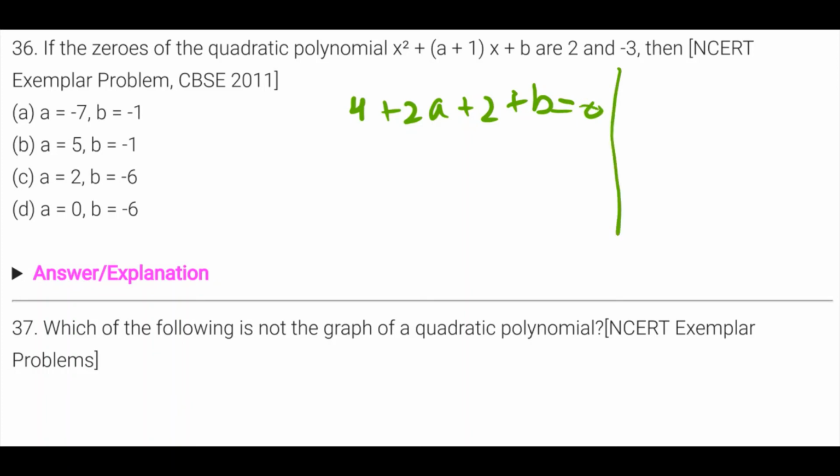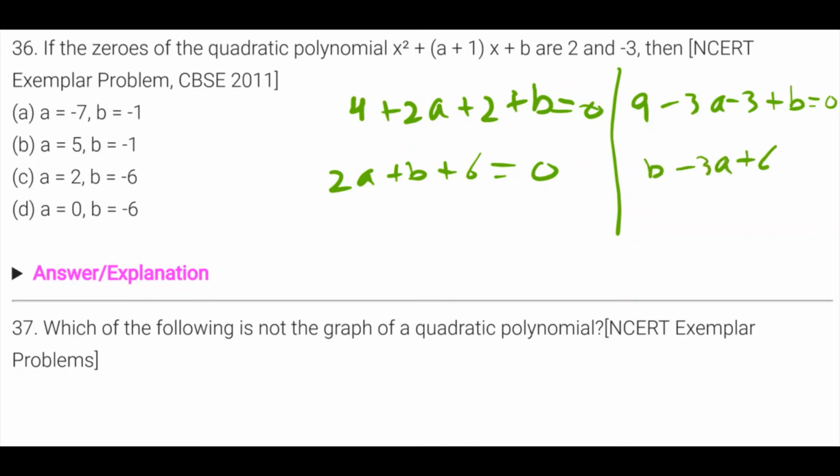First equation: 2a plus b plus 6 equals 0. If I substitute -3, this is 9 minus 3a plus b equals 0. So b minus 3a plus 9 equals 0, b equals 3a minus 9. Here b equals -6 minus 2a.